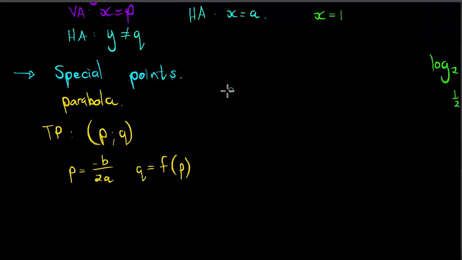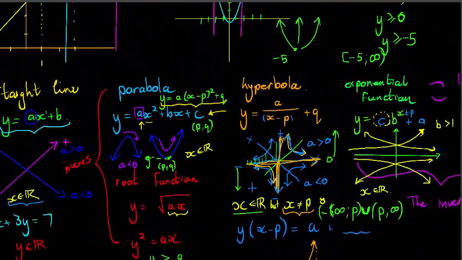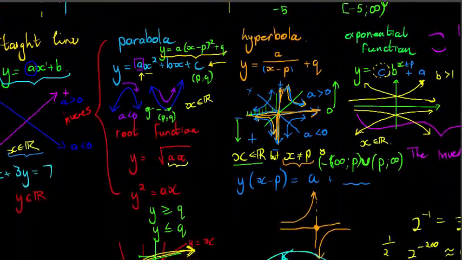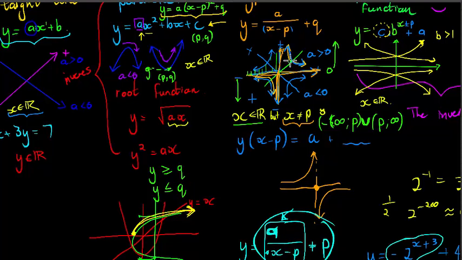For the hyperbola, we also have a special point. It also has a special turning point that's not often mentioned. It's that point there. I can't remember what that point is. Isn't it where your axis of symmetry lies?